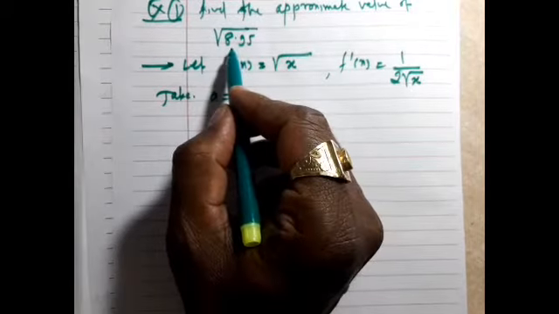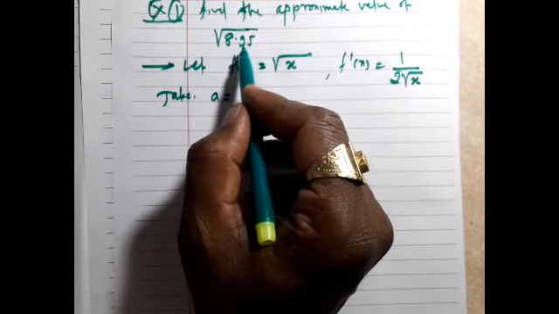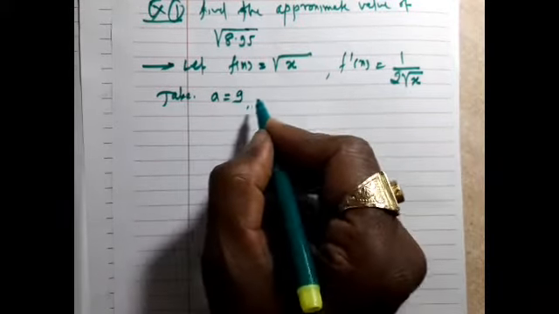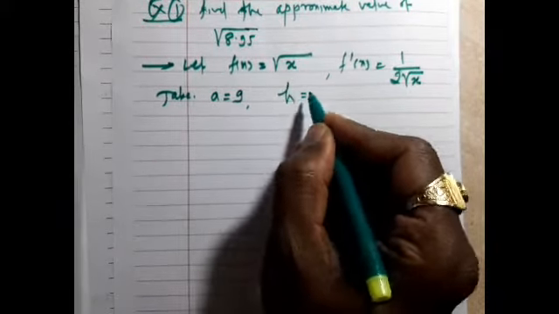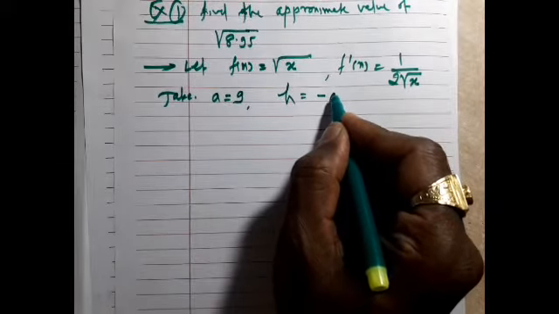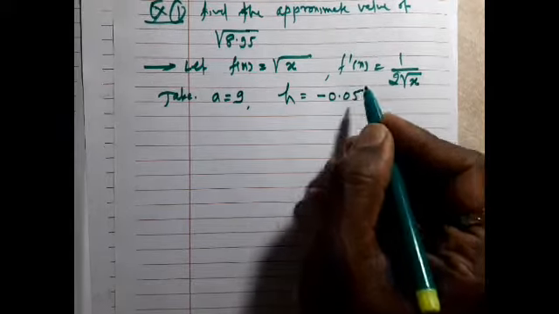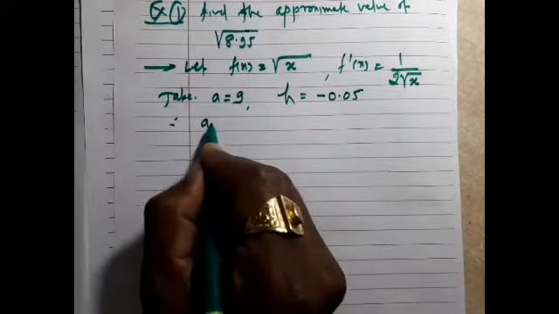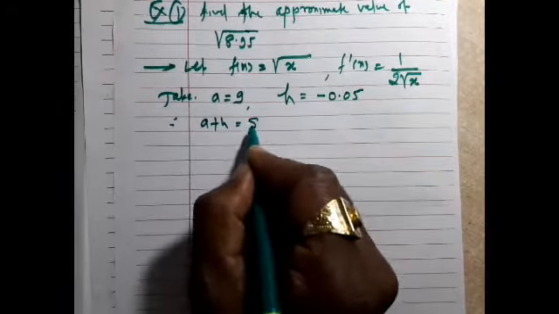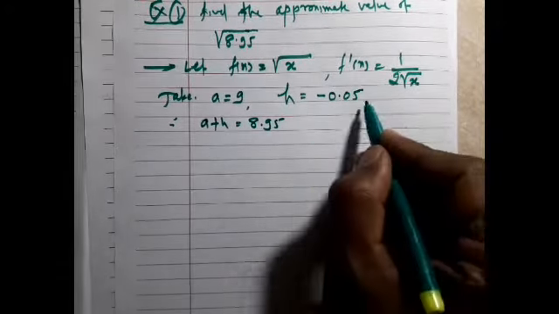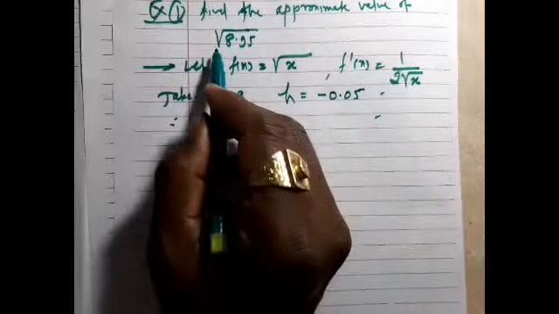So take the nearby number of 8.95 which is a perfect square. So that will be 9, and obviously h will be minus 0.05, so that a plus h will be 8.95.